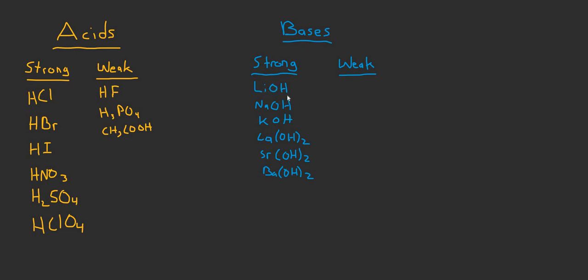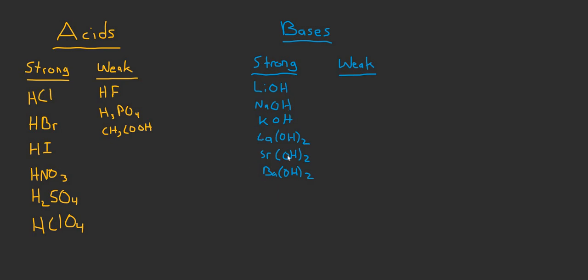So lithium hydroxide, sodium hydroxide, potassium hydroxide, calcium hydroxide, strontium hydroxide, and barium hydroxide. And you'll notice there's a trend with these. So up here, these top 3 are from the group 1 metals, so lithium, sodium, and potassium. And they are forming ionic bonds with the hydroxide ion.